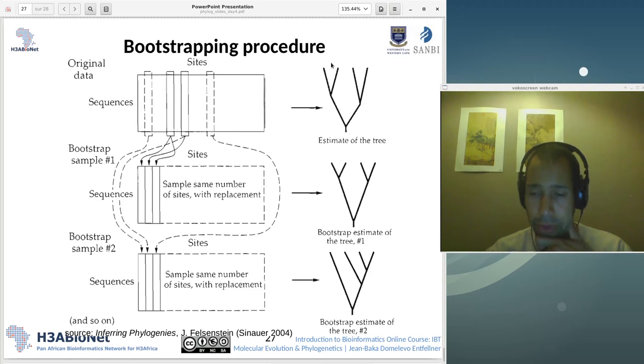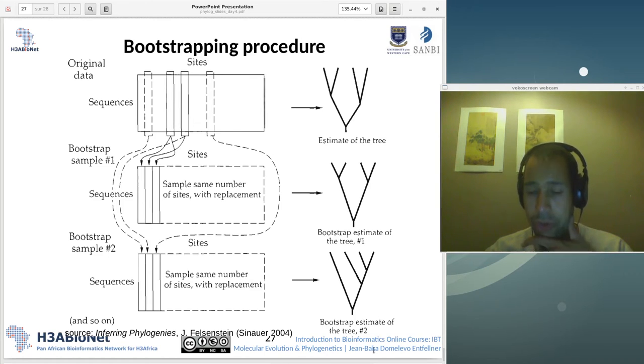connecting A and B to the rest of the tree, but A and B as a clade, okay? Maybe here you have A here and B here. Okay, if A is here and B is there in this new tree, we say that the branch leading to AB doesn't exist here. So this doesn't give a positive count for the branch AB.